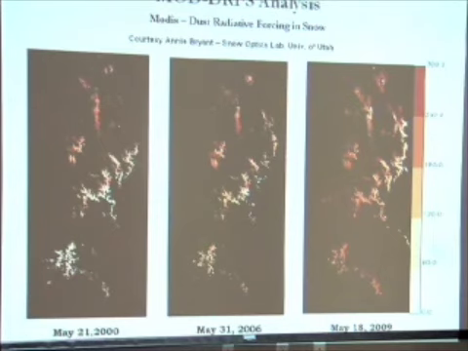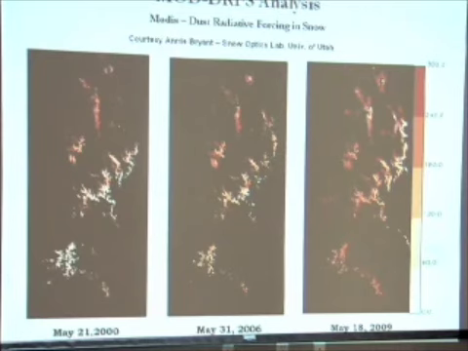This is some work that one of Tom Painter's graduate students has done just lately using those same satellite imagery, but using a different kind of analysis of that. And there's the San Juans again, and Central Mountains, Front Range, Flat Tops, Sawatch. There's the whole Colorado mountain system.